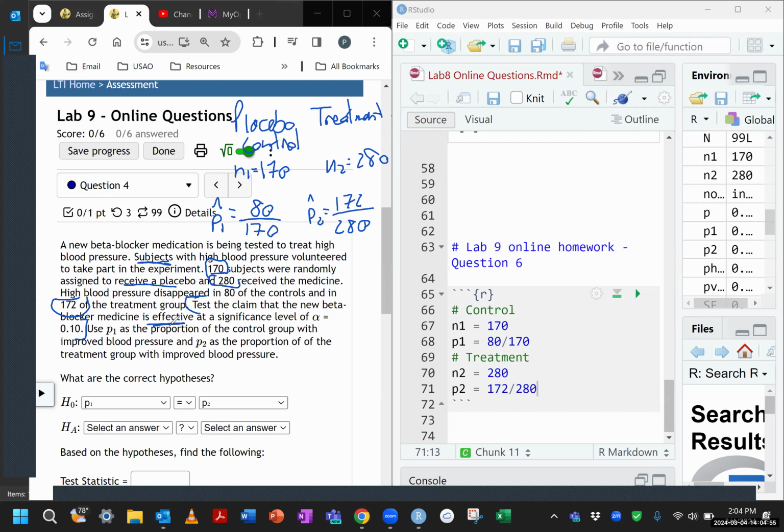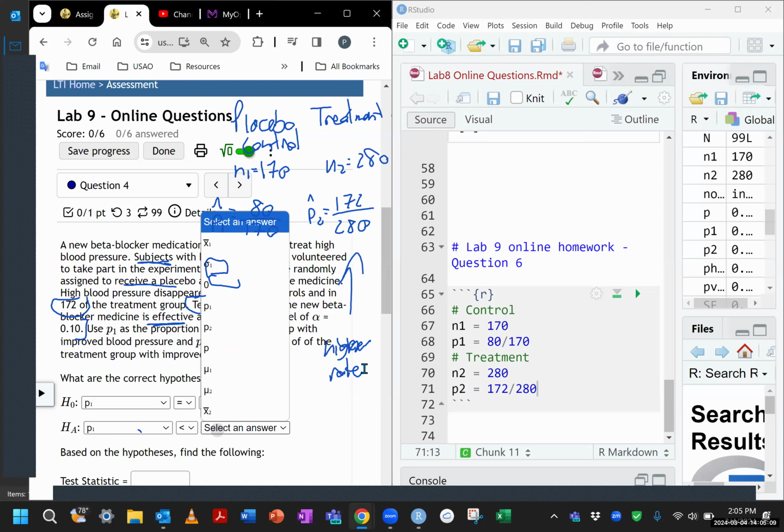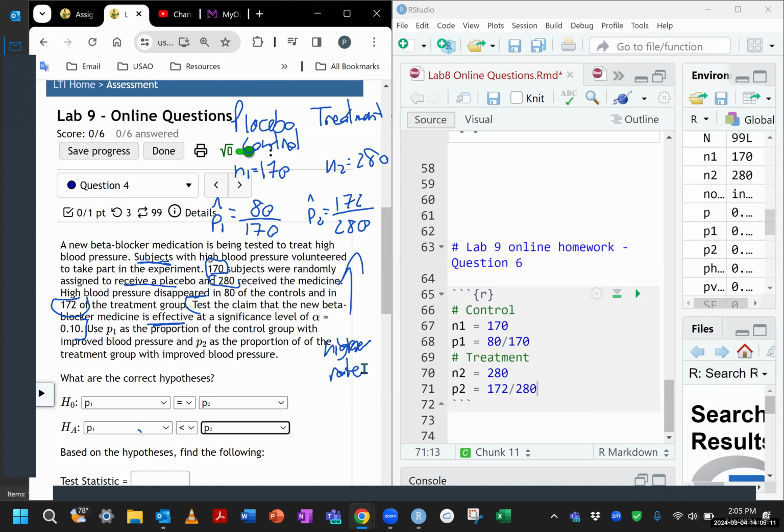So effective means this group is going to have a higher rate. So I'm going to want to say that P1 is going to be less than P2. So the proportion of people in this treatment group that have an improvement of their condition is better.